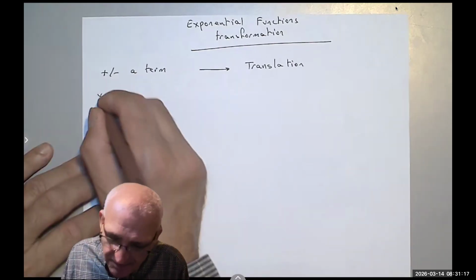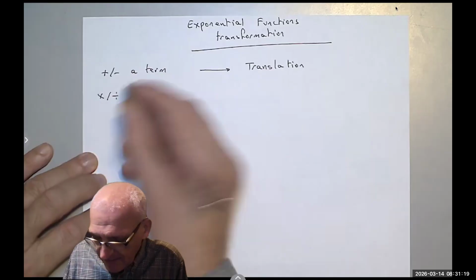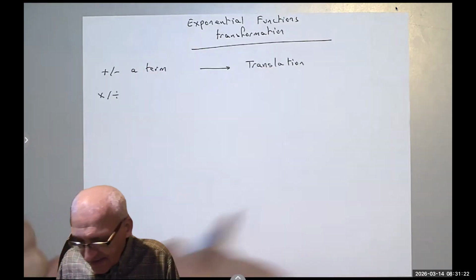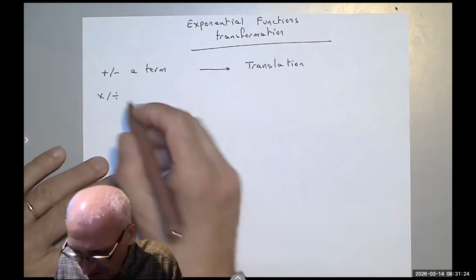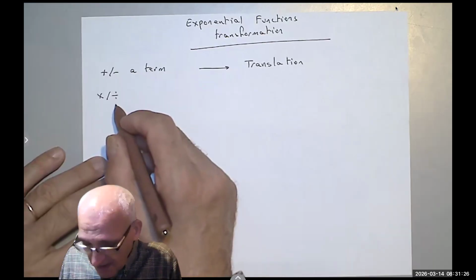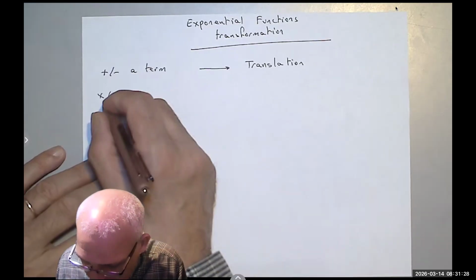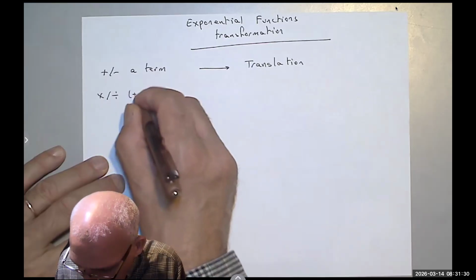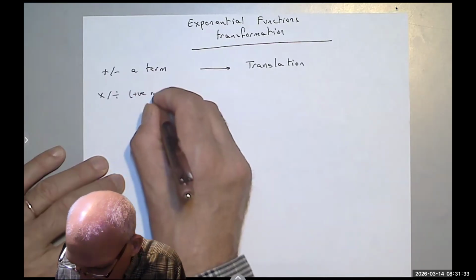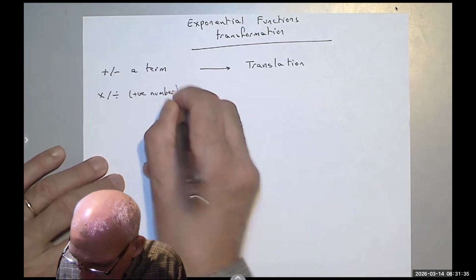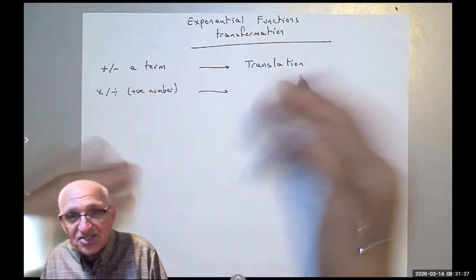If you multiply or divide, because you can multiply by a factor less than 1, which is division, technically, then multiply or divide by a positive number, that means dilation.